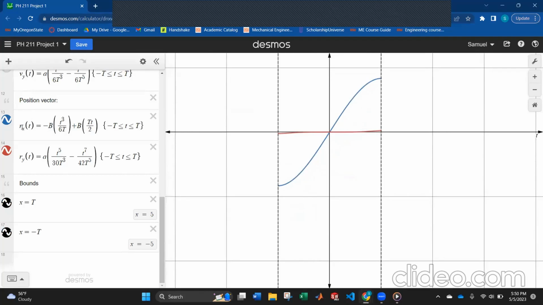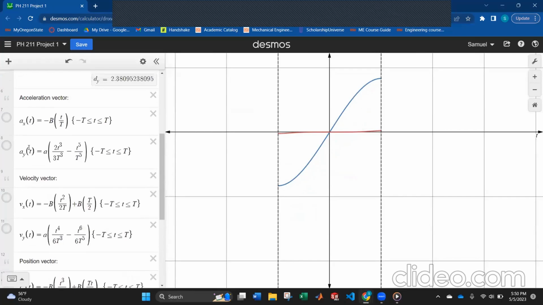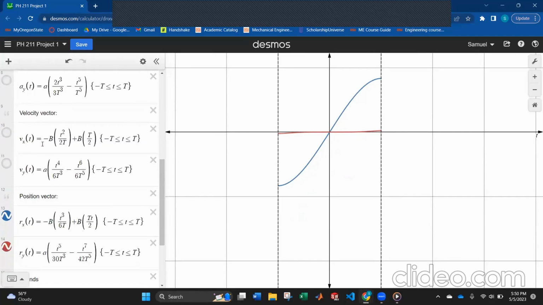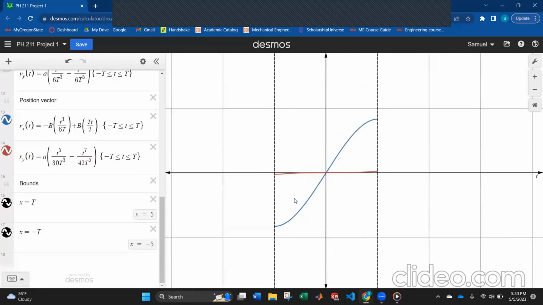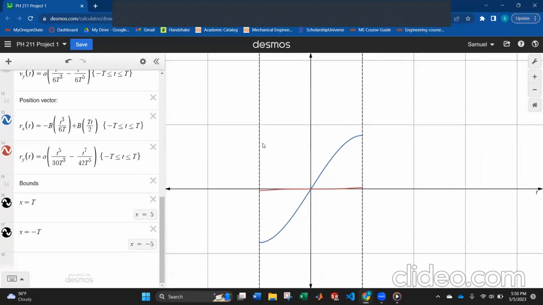So I graphed the X and Y components of the position, velocity, and acceleration equations that were found in the video, and plotted them on Desmos.